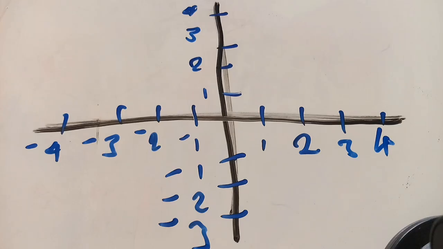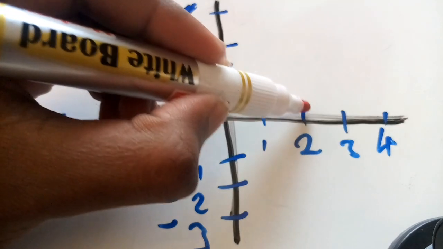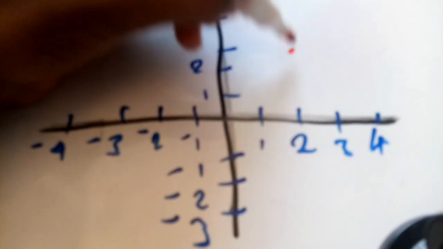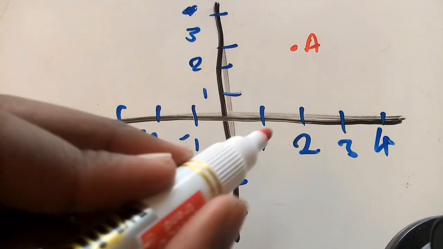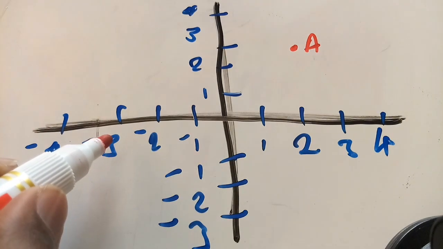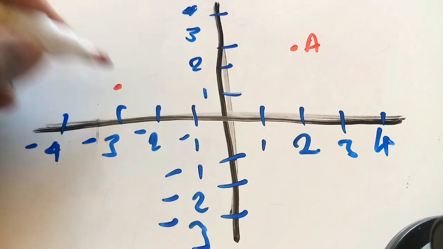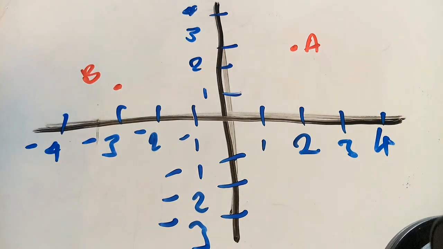The first coordinate I gave you was 2, 3 as our A. So we're going to have 2 all the way, 3, which will be here. Then I gave you negative 3, 1. So we'll come here on the x-axis. Negative 3, 1 shall be there. That will be B. Then we had 0, 1.